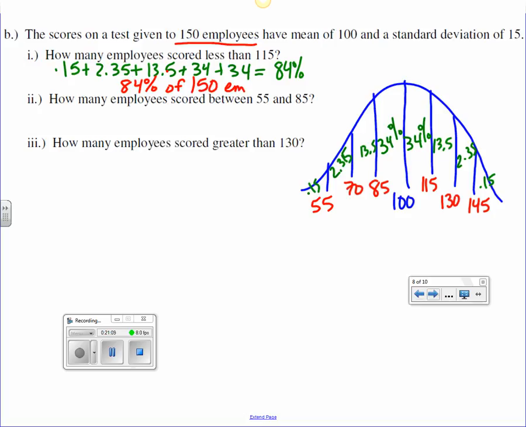So what I need to find is 84% of 150. In the calculator, you'd have to type that in as 0.84. And then in math, what does of mean to do? Multiply. Of means to multiply. So you would multiply by 150.